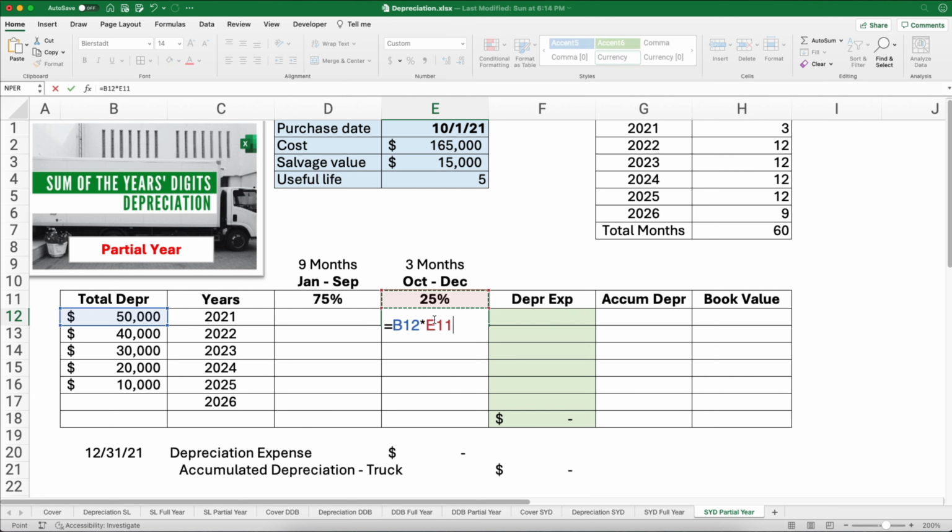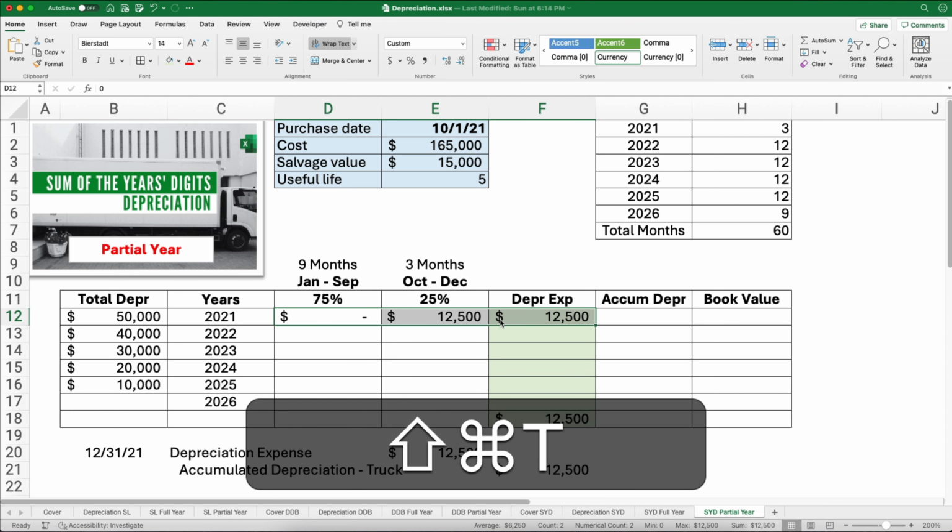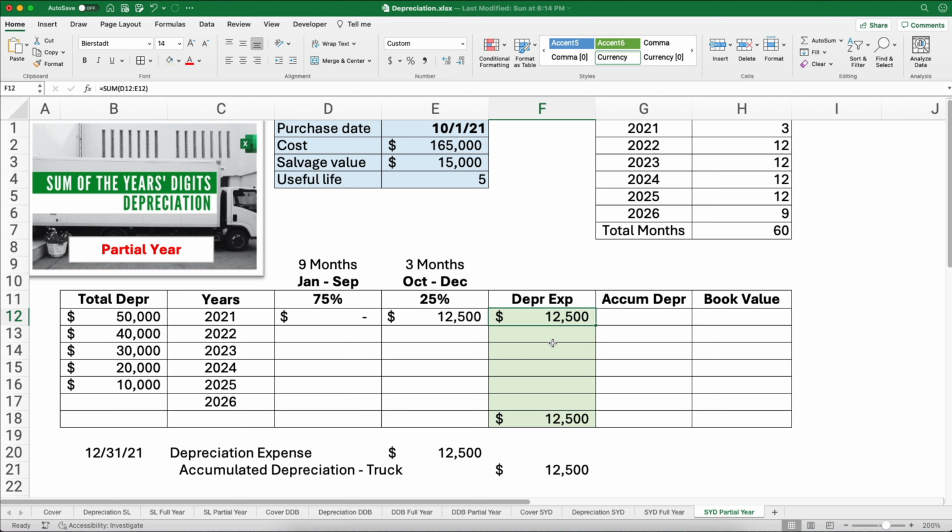I'm going to make that absolute, dollar signs in front of those. So that's 12,500 for that first year. How much do we have for the January through September? Well, 0. So this is going to be a 0 number there. So what's our total depreciation expense? Well, it's going to be $12,500 for that first year.